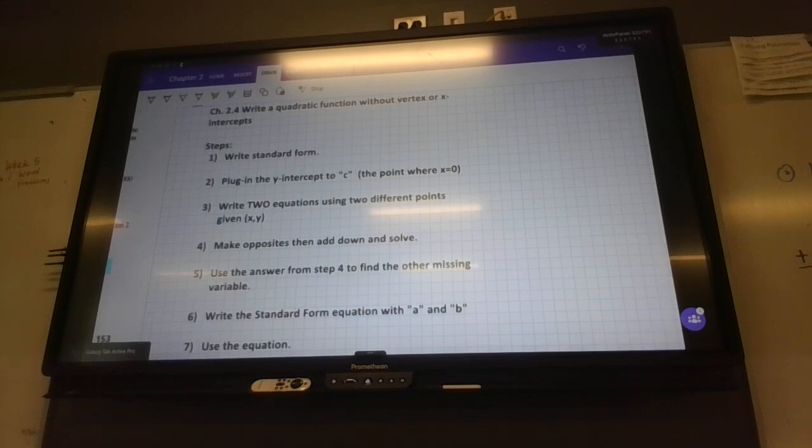We did this if they gave you intercepts. Now, I'm sure somebody in here was like, well, what if you're not given a vertex and you're not given intercepts? There is a way. We're doing it today. We're going to use a system of equations, and that's going to help us write it.